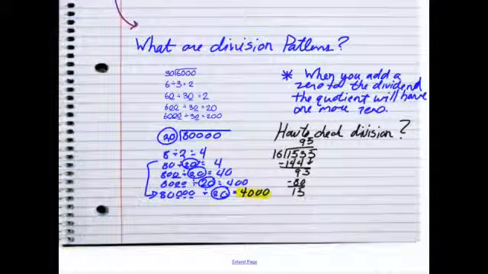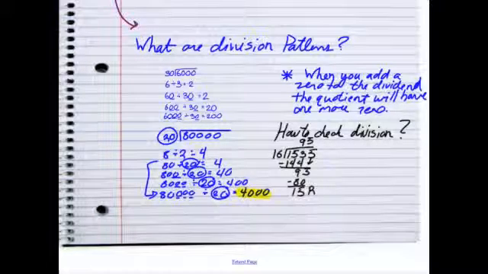I have no more digits in my dividend to bring down, so 15 is a remainder, okay? So let's work backwards. First, I need to start by identifying the pieces here, okay? So 16 divided into 1,535 equaled 95 remainder 15.